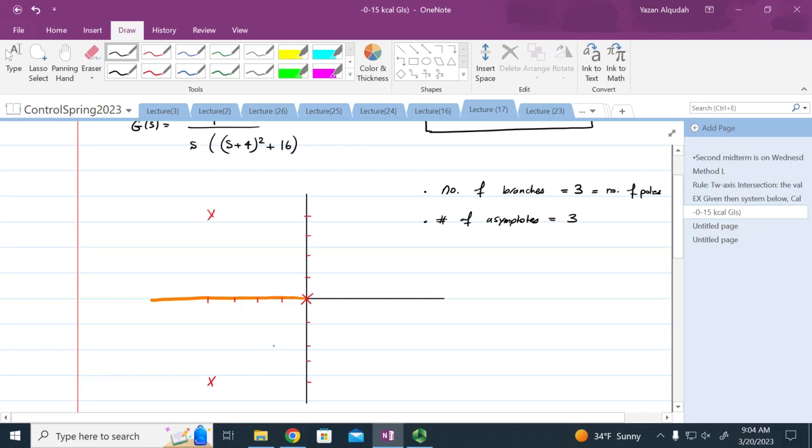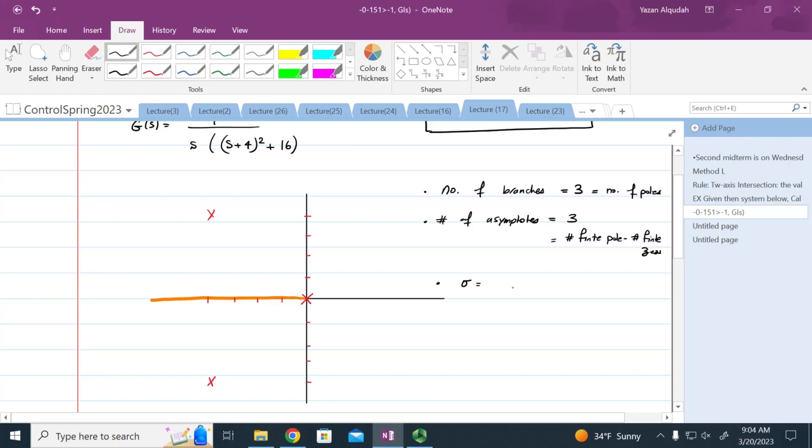Okay. What is the intercept point for the asymptotes?